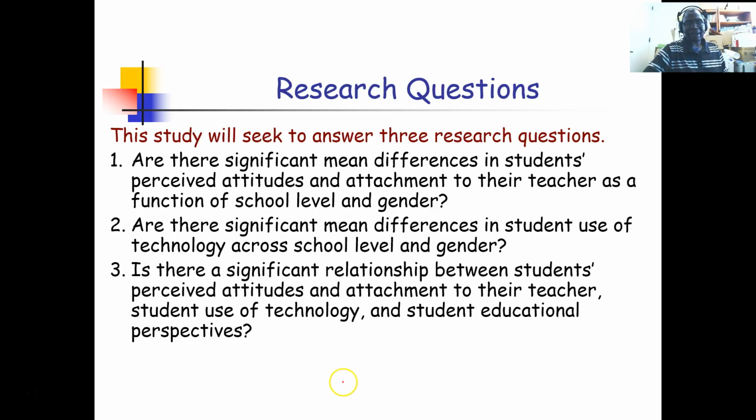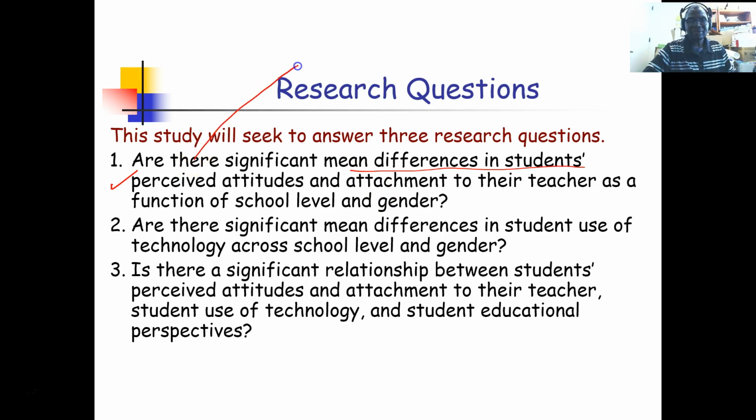The study was guided by 3 research questions. One of them is to look at whether there are significant mean differences in student perceived attitudes and attachment to their teacher as a function of school level and gender.